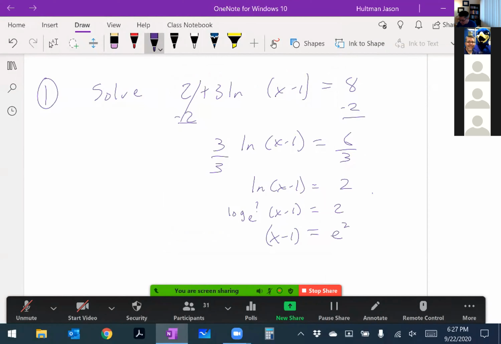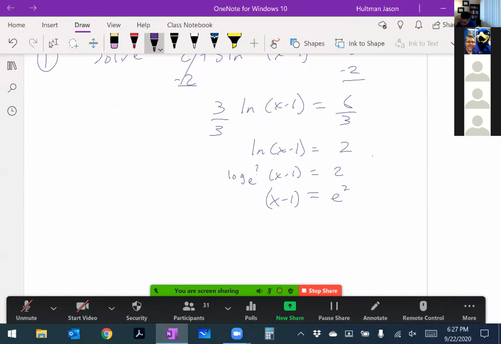What's the question that's being answered. Okay, e to the second power. So this becomes x minus 1. I don't even need the parentheses anymore. Get rid of those. And so I'm going to add 1, and x is equal to e squared plus 1.